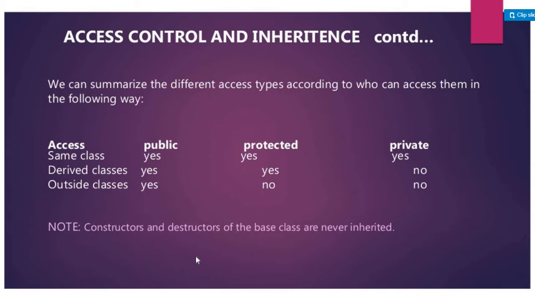Derived class: public and protected members can be accessed, but private members cannot. Outside the class: public members can be accessed, but protected and private members cannot. Remember, constructors and destructors of the base class are never inherited.